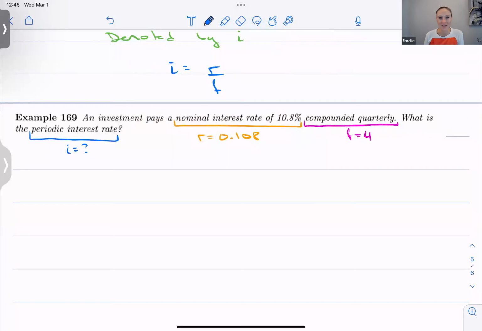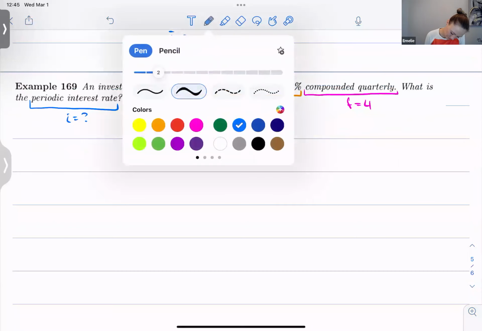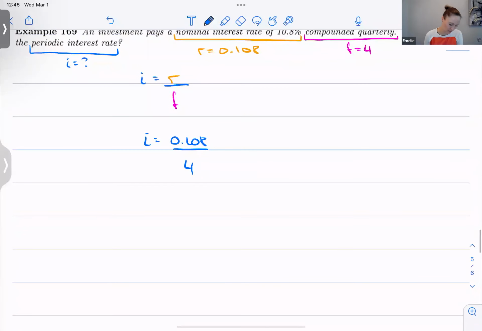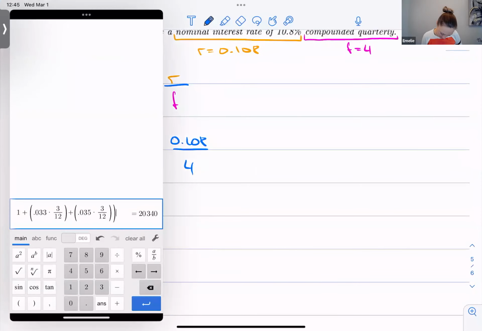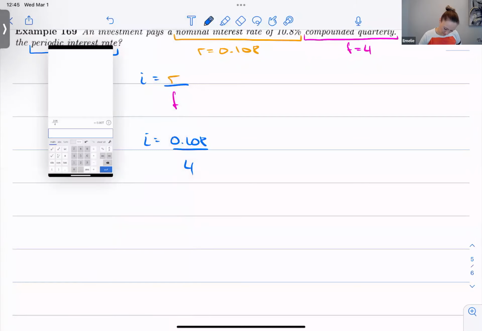I is R over F. I then is 0.108 divided by 4 times per year, which is 0.027.